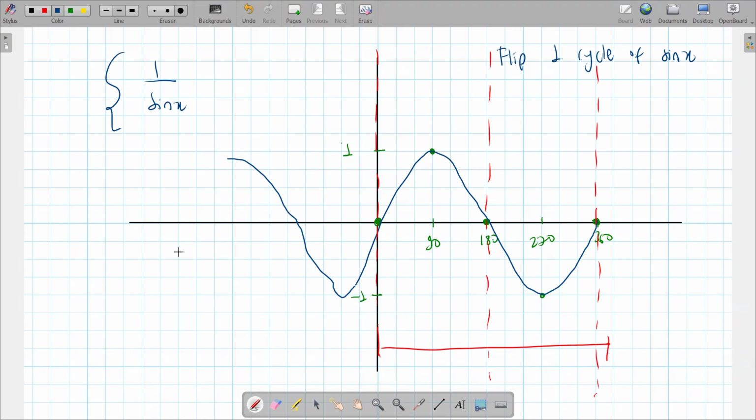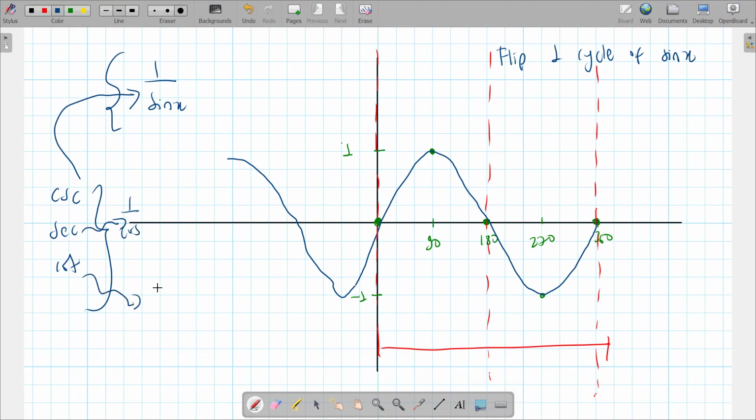I'll give you a hint. It's one of the secondary trig ratios. It's not SOHCAHTOA, but it's one of the secondary ones. You remember the secondary trig ratios? Cosecant, secant, cotangent. These are the secondary trig ratios. These are basically the primary ratios flipped. 1 over sine is cosecant. 1 over cos is secant.